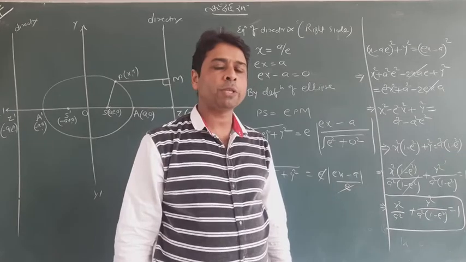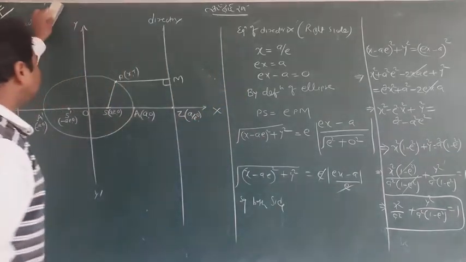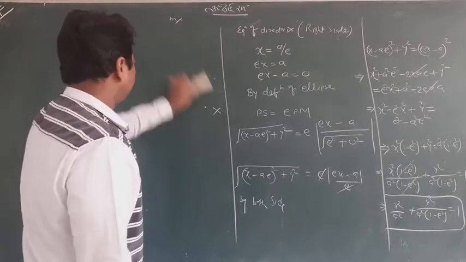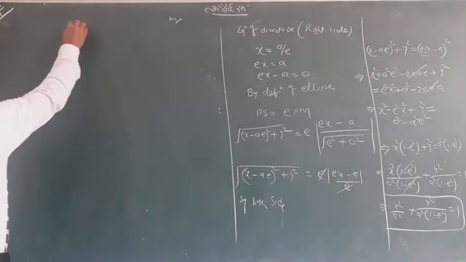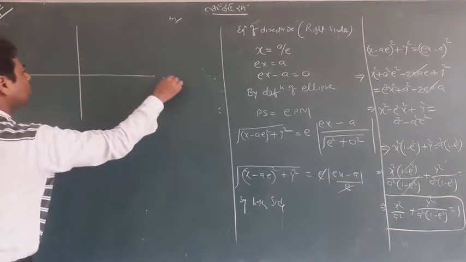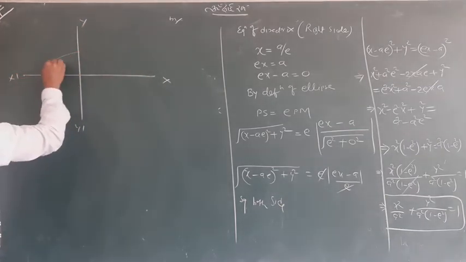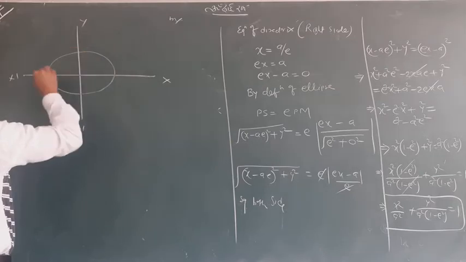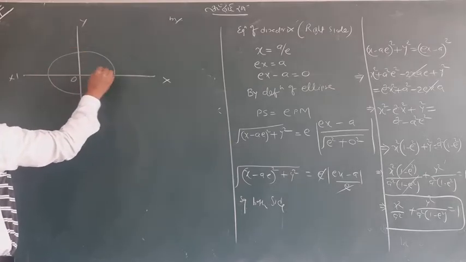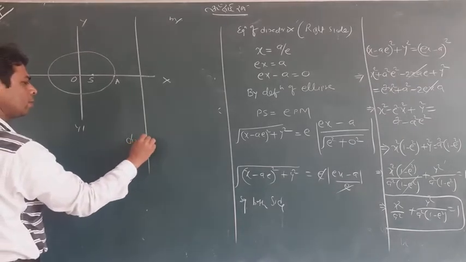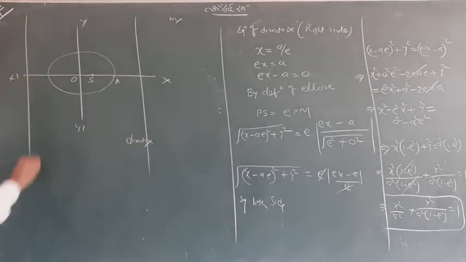Now I will tell you some special thing. Look, I am writing this for a little while. I will make the picture again. It is x dash, and this is my small mirror I am making here. This is S, this is A, and this is definitely the directrix, and this is again the directrix.